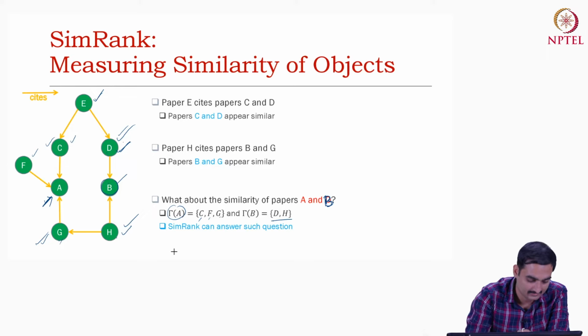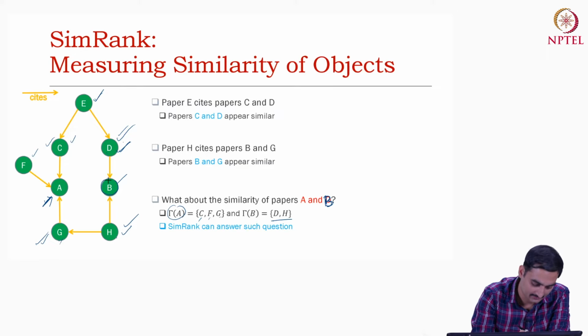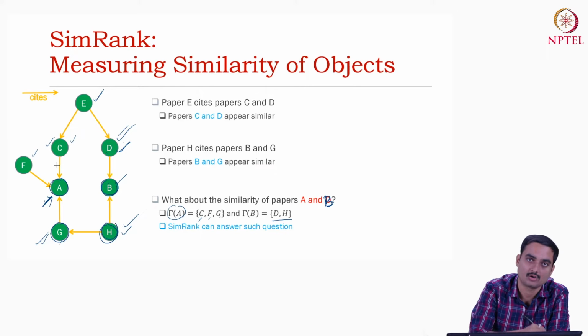Okay, but if you think carefully, they are related in some ways. For example, B is cited by H, right? G is also cited by H. So B and G are somehow related. Now G is citing A, so indirectly H is also citing A in 2 hops, right?